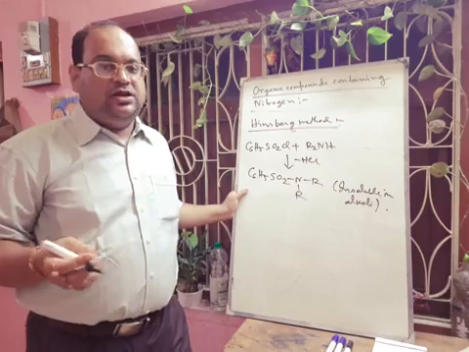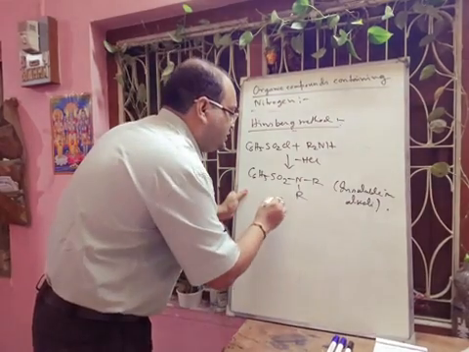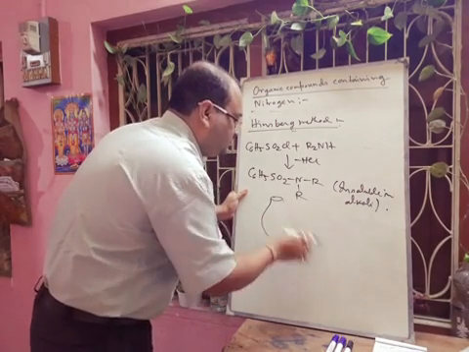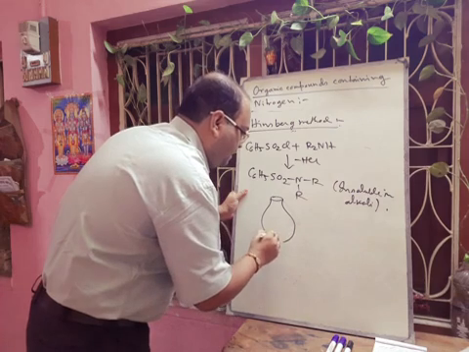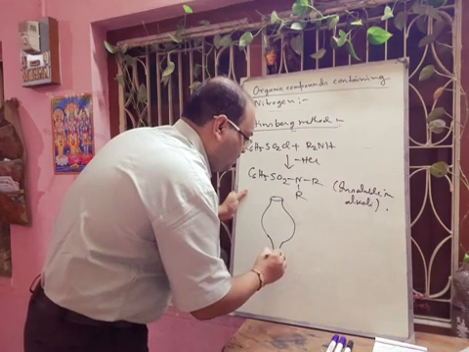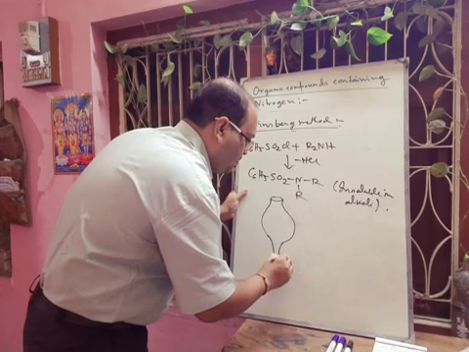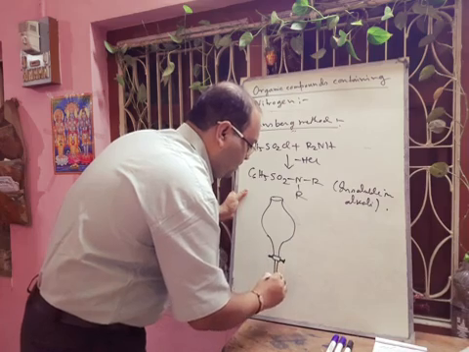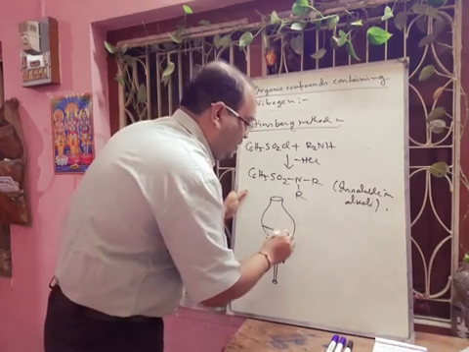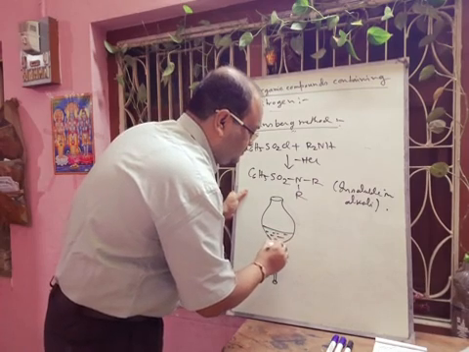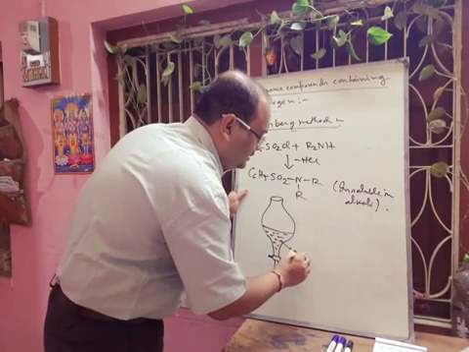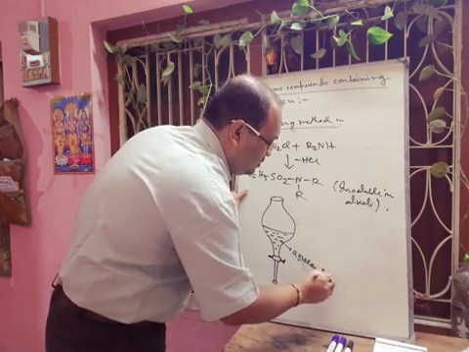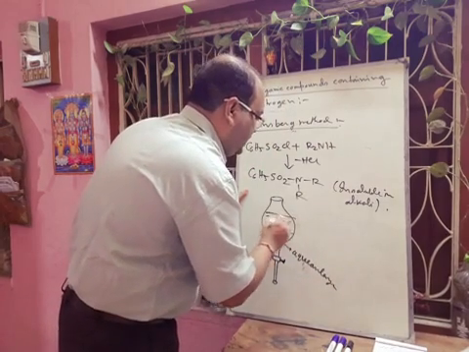If we pour the whole solution into a separating funnel like this, the lower layer will be the aqueous layer, the aqueous alkali layer. And the upper layer is the ethereal layer, the organic layer, the ether layer.